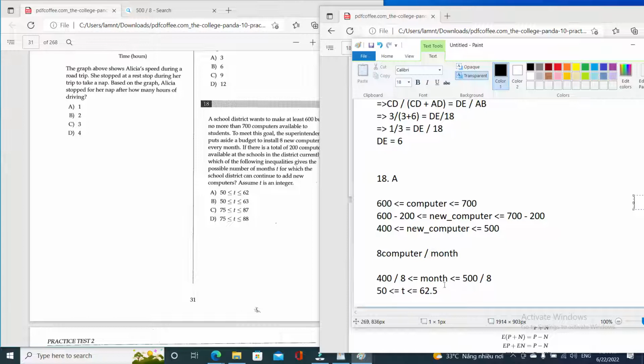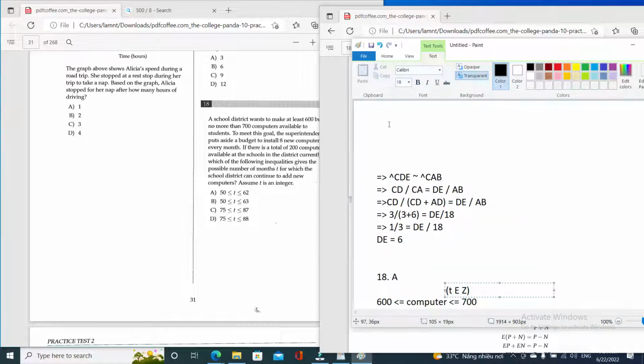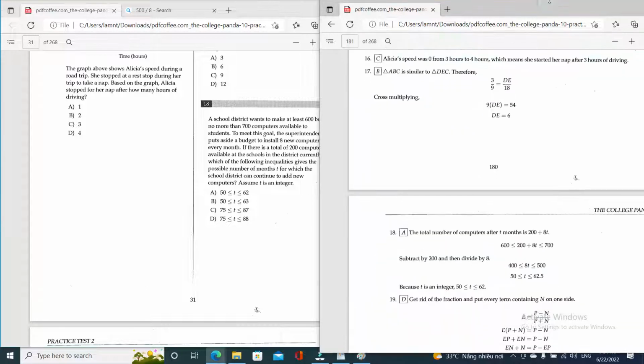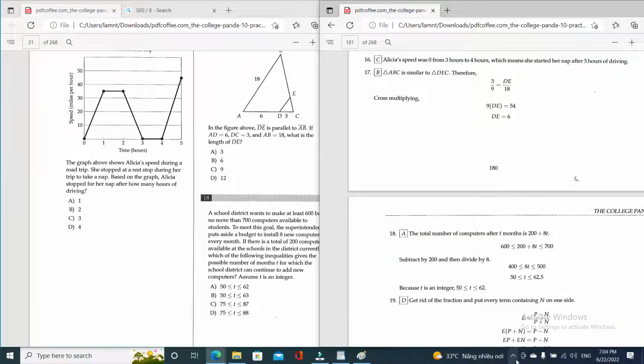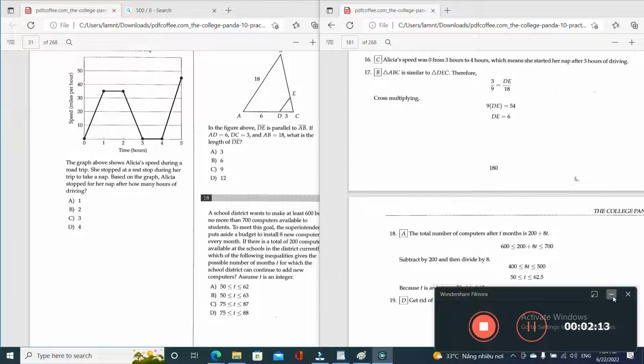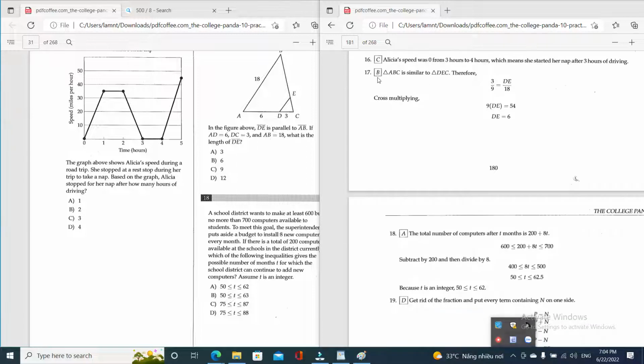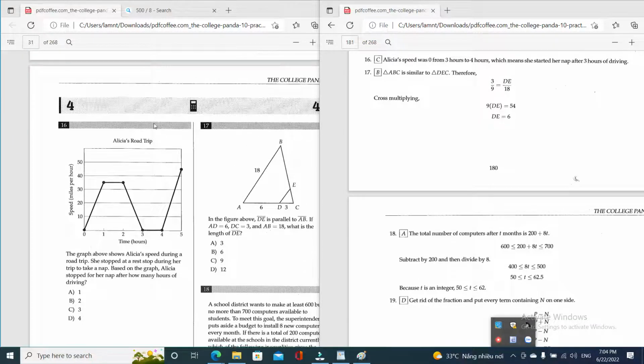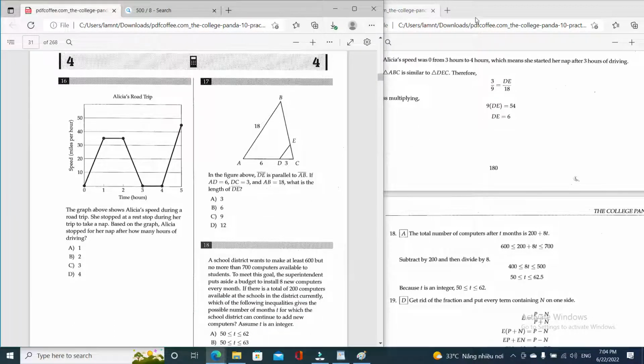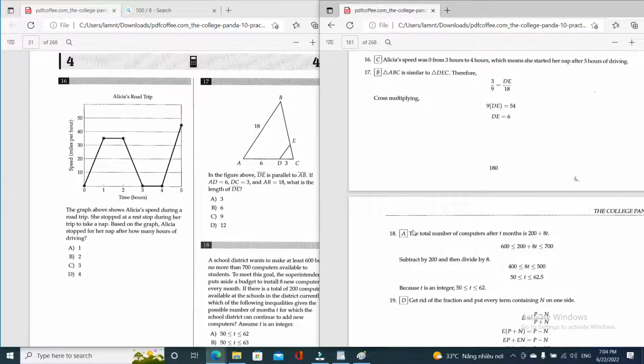So that was a mistake on my part as well. So that's for 16, 17, and 18. 16 is C, 17 is B, and 18 is actually A.